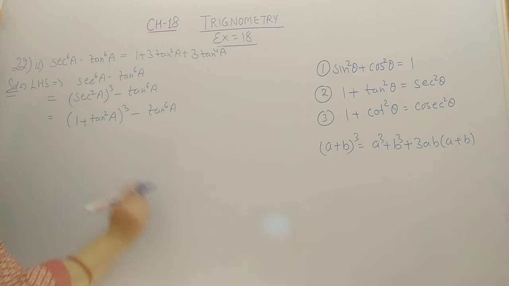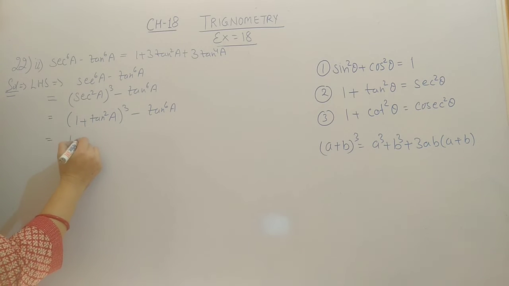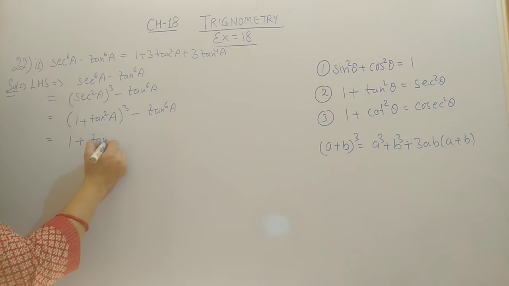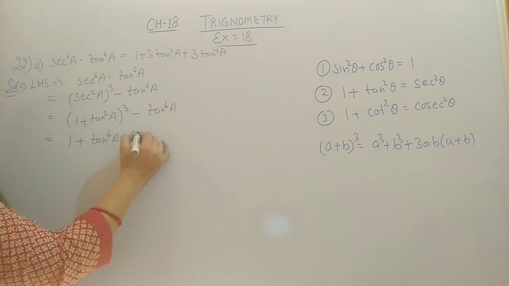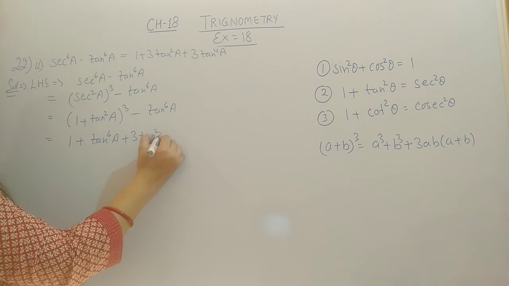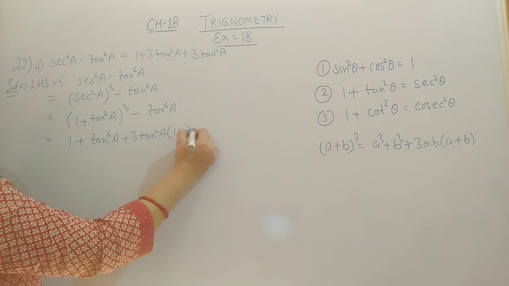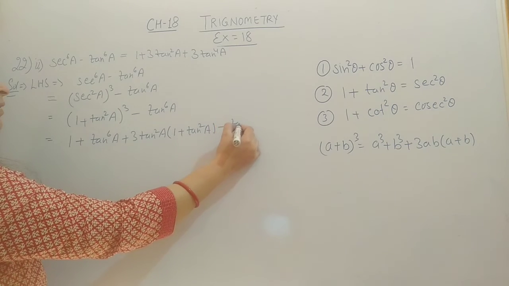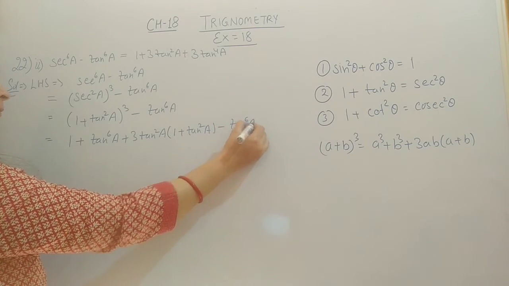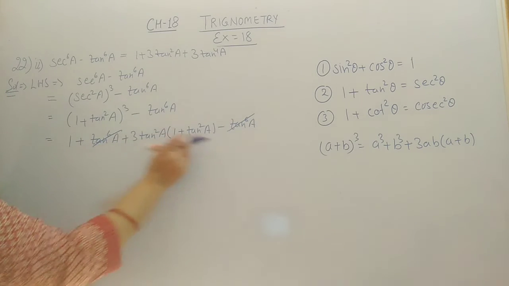Now we can use the formula a plus b whole cube, which is equal to a cube, means 1, b cube means tan to the power 6, plus 3a into b, tan square a, and within bracket 1 plus tan square a. The last term as it is, tan to the power 6a. Tan to the power 6a will cancel out, plus and minus.